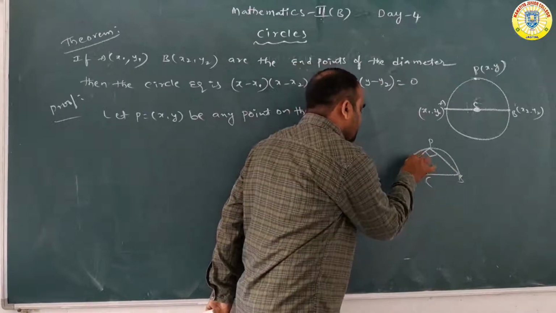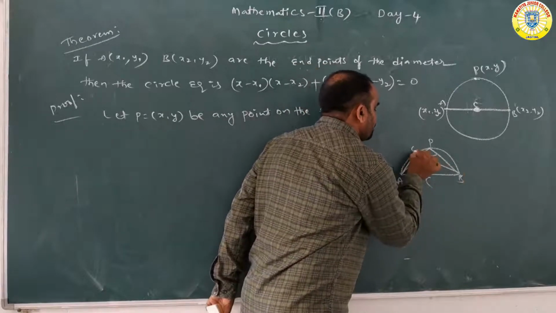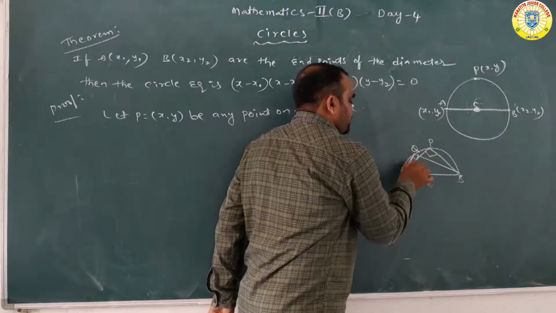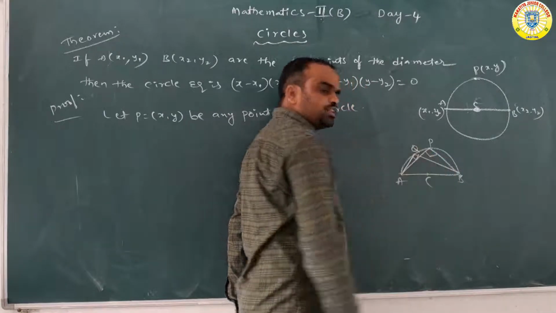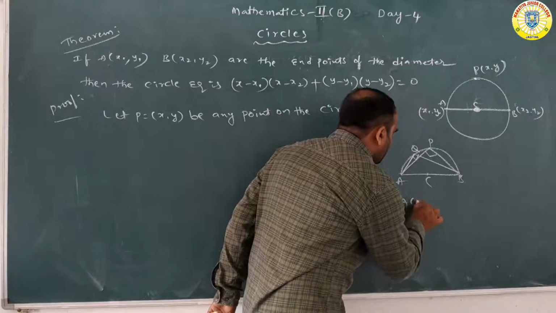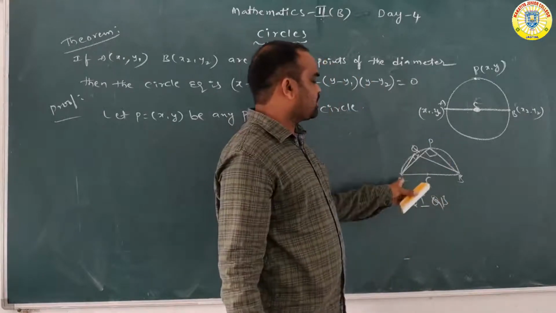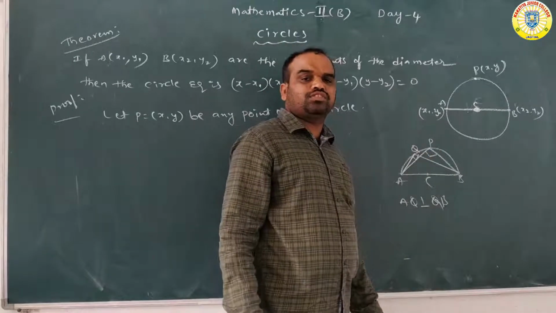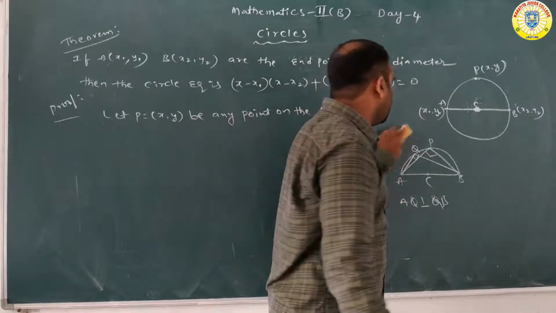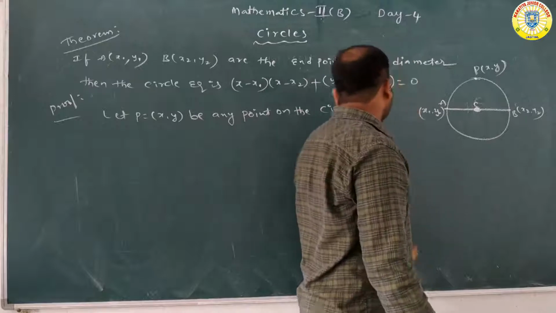Taking Q, AQ is perpendicular to QB. That is angle in a semicircle, a right angle.